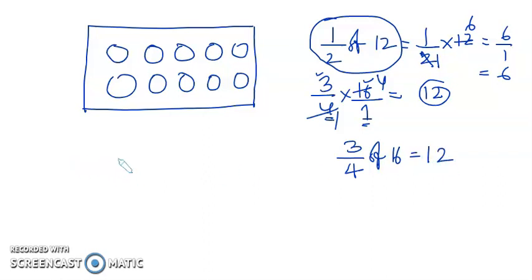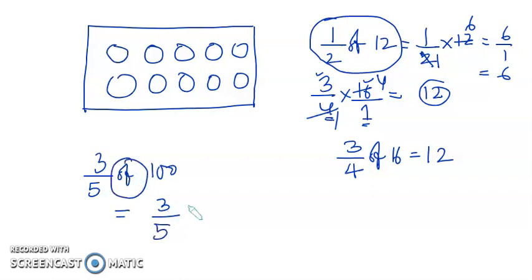So if I ask you what is 3 by 5 of 100, what will you write? 3 by 5 of 100 stands for 3 by 5, and of means multiplication, and 100. 100 you can write as 100 by 1, as I told you. Now you can cancel 5 and 100. 5 1s are 5. 100 divided by 5 is 20.